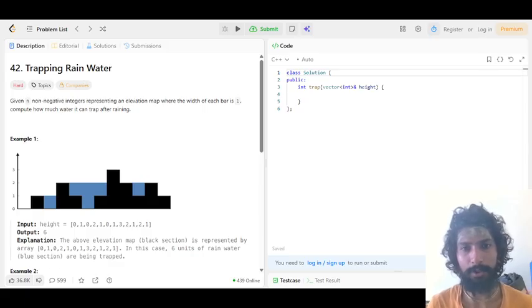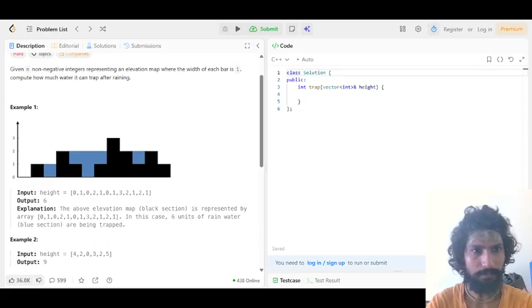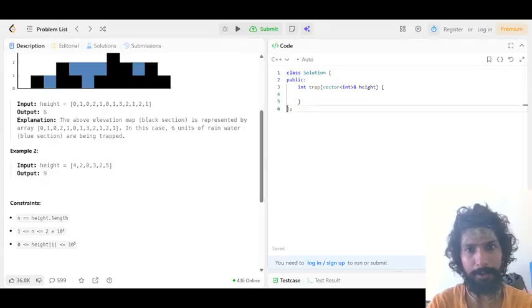height equals 4, 2, 0, 3, 2, 5. The answer is 9. So here we can see how. If this is our height, then water can get trapped.